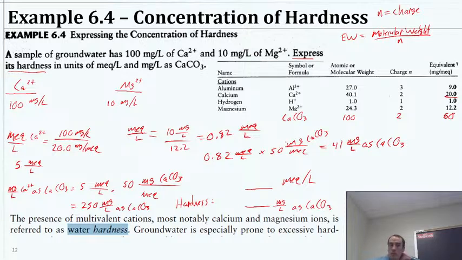Okay, so then from here we've got basically all the data we need. We just have to add up the two components. So on the milliequivalent side, we have 5.82, just simply adding the 0.82 to the 5. And on the milligrams as CaCO3, that'll be 41 plus the 250, so that should be 291 milligrams per liter as CaCO3.